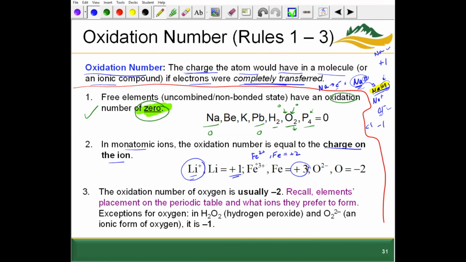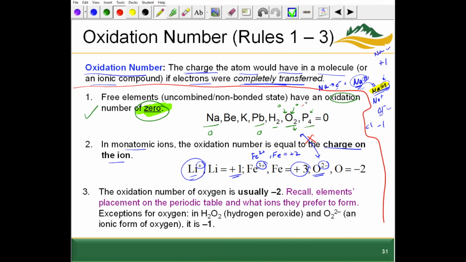These are all ions, right? So these are all charged. So an oxygen ion is very different than diatomic oxygen. Diatomic oxygen, no charge, no loss or gain of electrons. This is neutral oxygen with an oxidation number of 0.